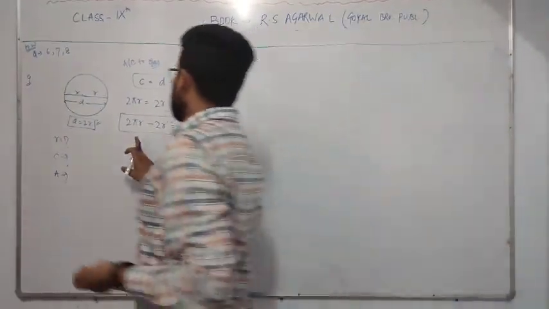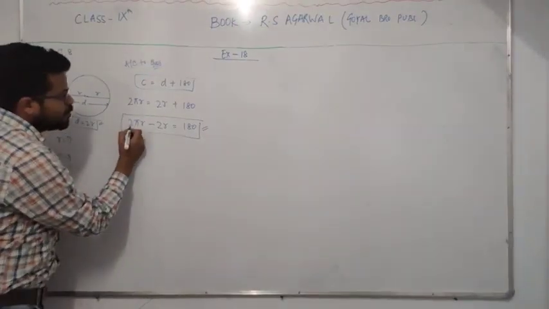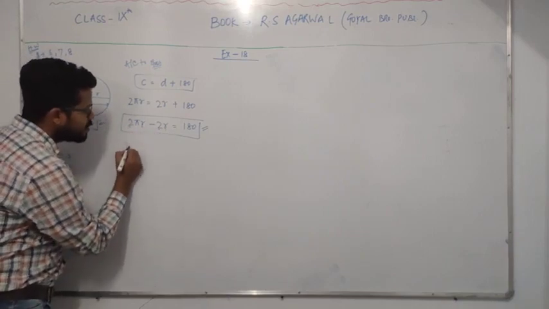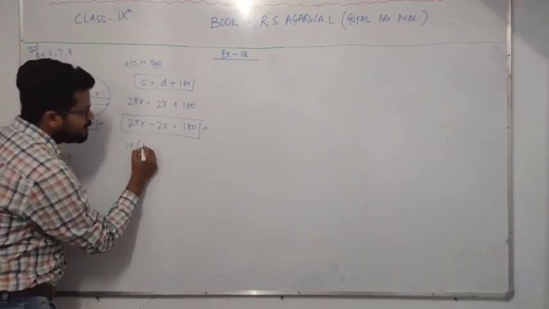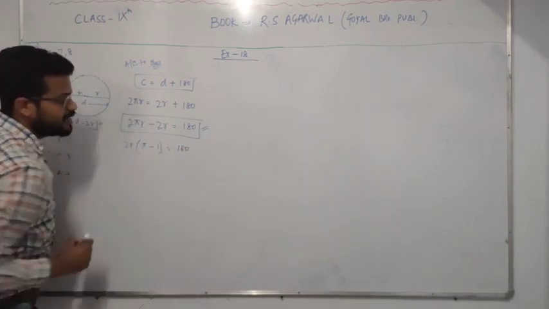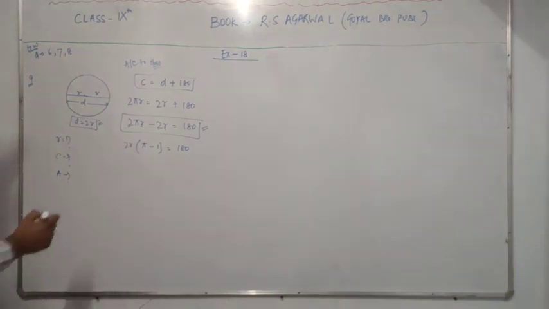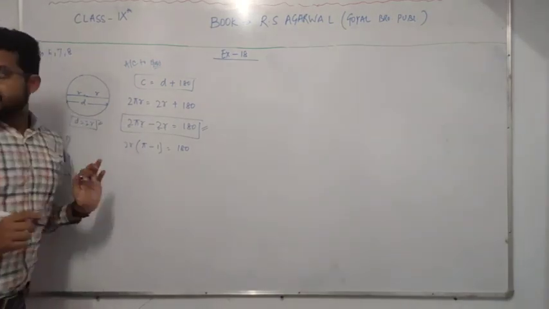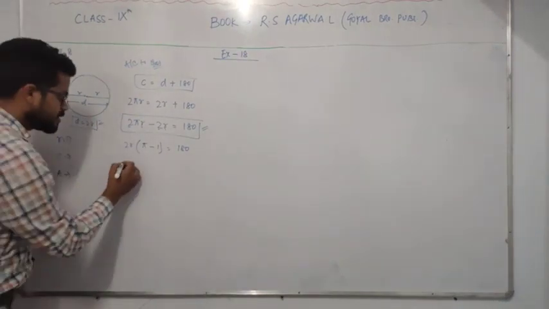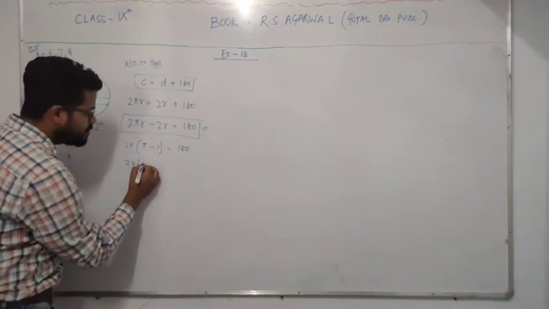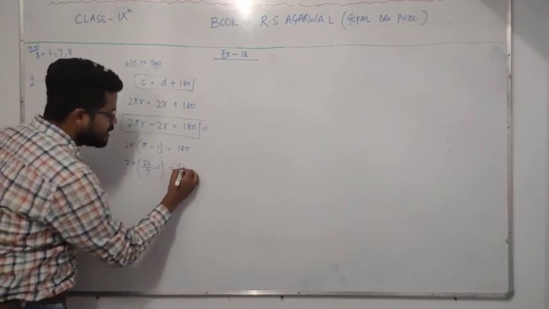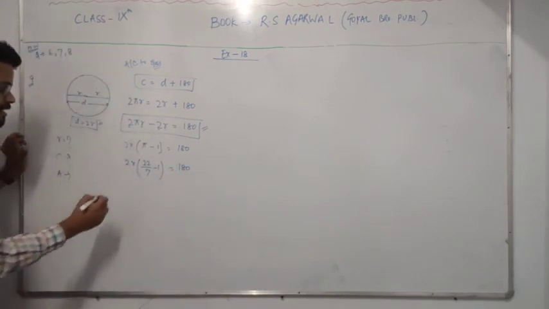So here what is common? 2r is common, and here this is pi minus 1 is equal to 180. The value of pi is not given in the question, so I simply put 22 by 7 minus 1 is equal to 180.